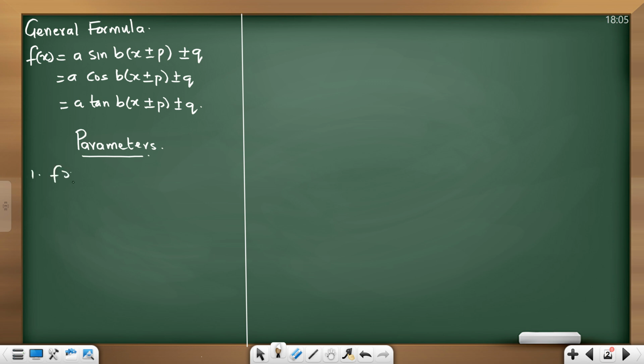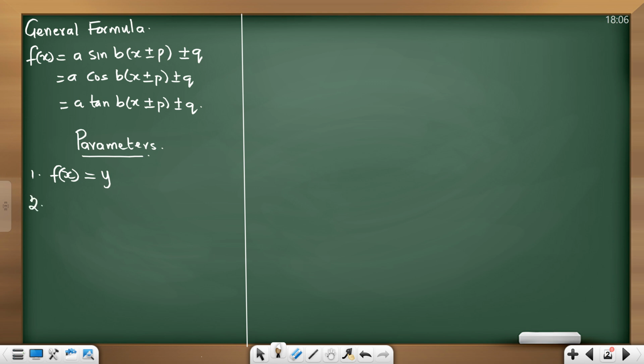Number 1. What is f of x? Y value. We're done. F of x refers to the output, which is your y values. That we know already from paper 1, right? F of x is y.